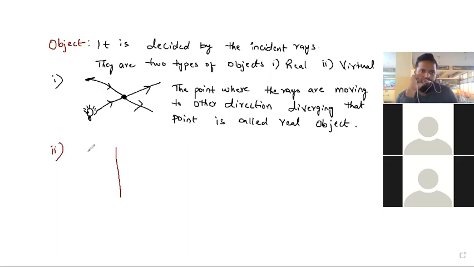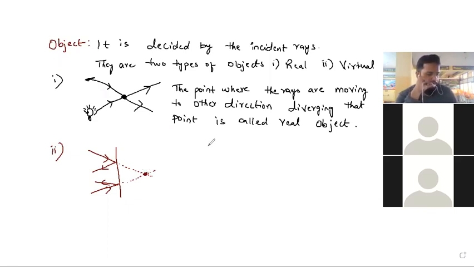This ray is the incident ray, and it reflects like this. This is also an incident ray, and it reflects like this. But they are not meeting at a point; by imagination, they meet at one point. So this is the point where they will meet, imaginary.